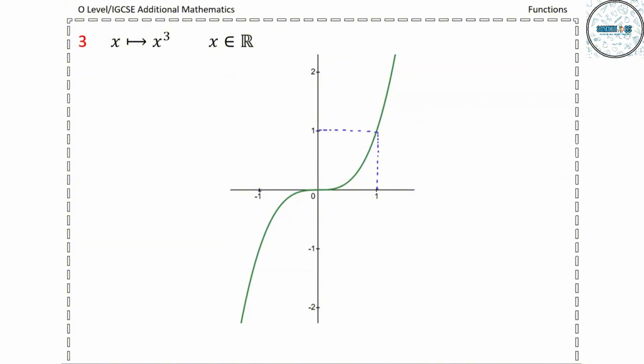If we consider this value of x, here as well we have just one output. So it is 1 to 1 mapping.